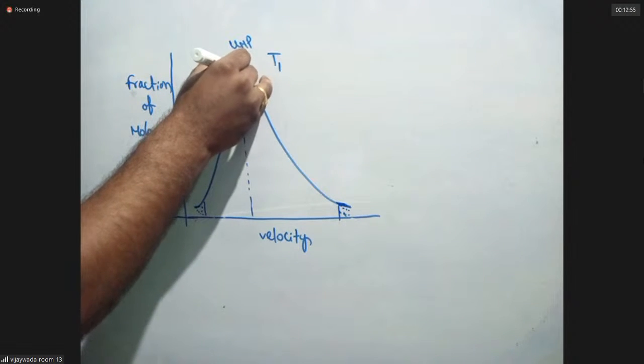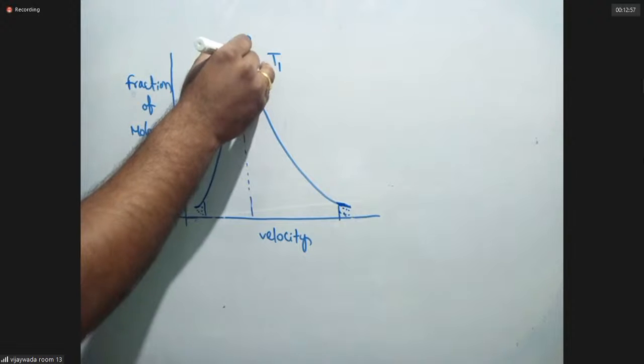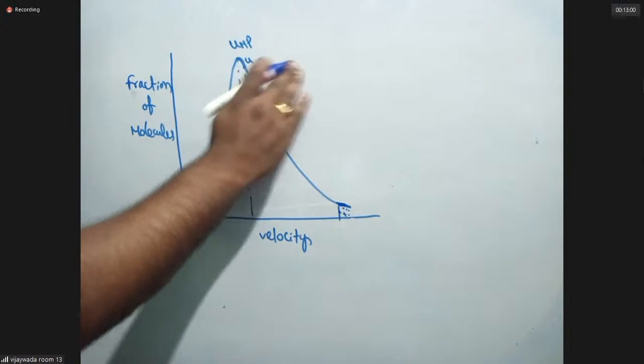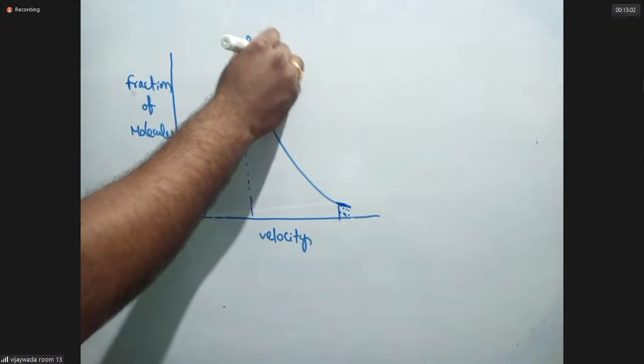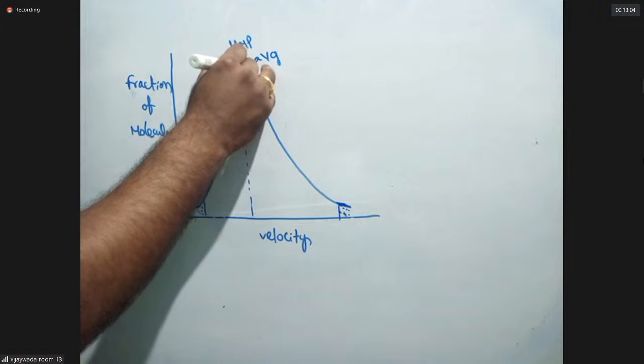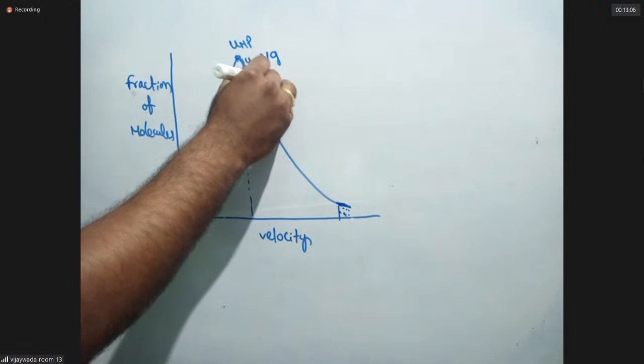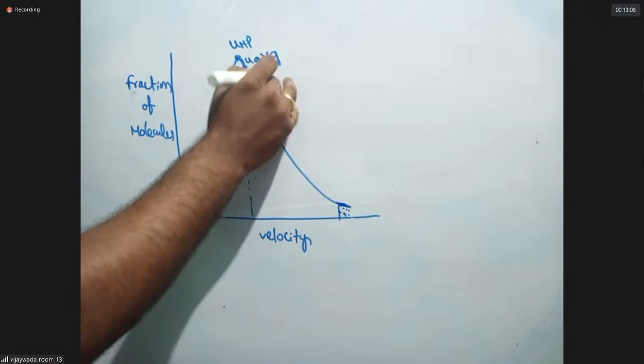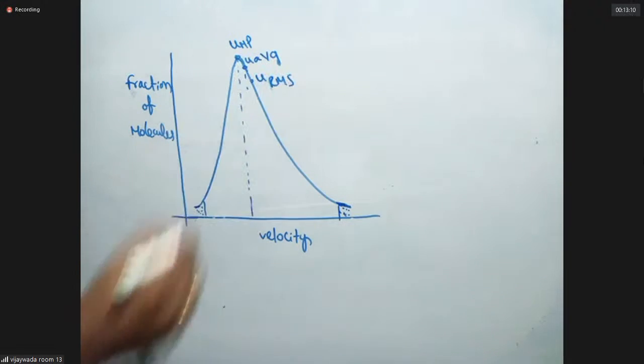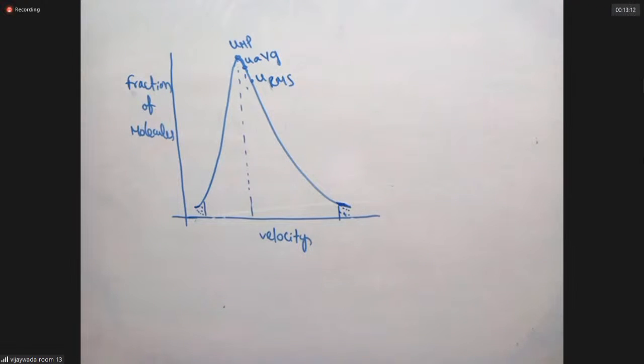The next point, obviously, is the average velocity. The next point, obviously, is the RMS velocity, because RMS velocity is always greater than average velocity, and average velocity is always greater than most probable velocity.